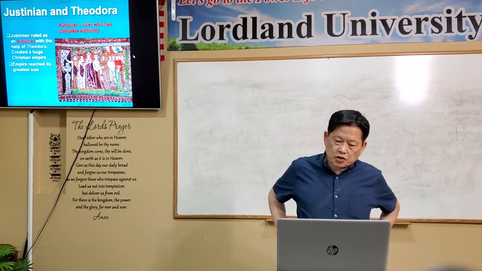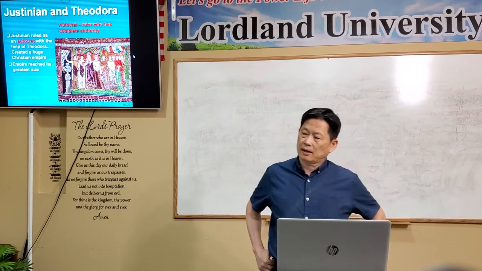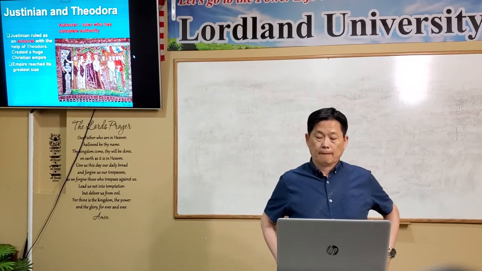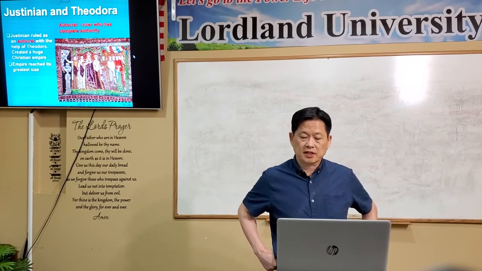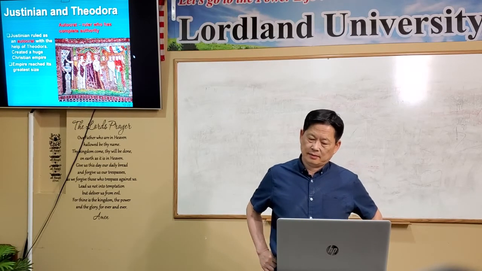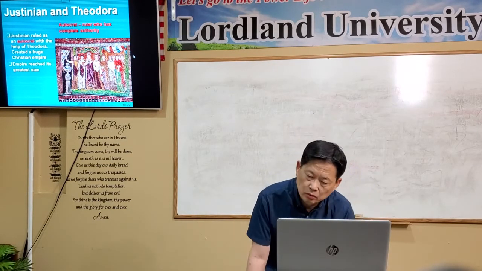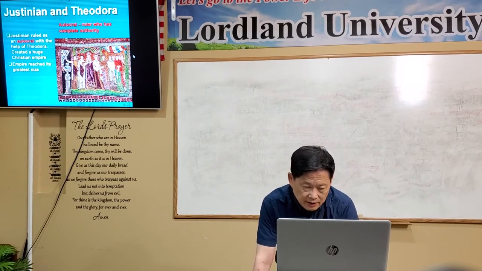This slide shows Justinian and Theodora. Justinian was an autocrat, a ruler who has complete authority.